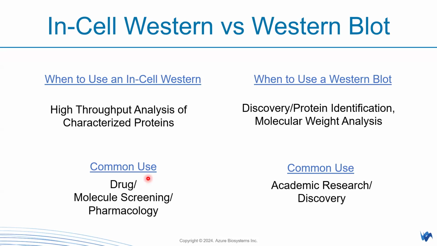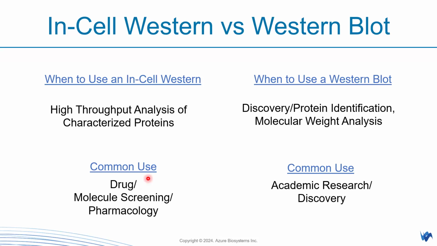By screening one or two or more cancer cell lines, you need to be very high throughput, quick, and consistent. This is where the in-cell Western comes in, because you will know which biomarker you're looking for, which will be the cancer marker.